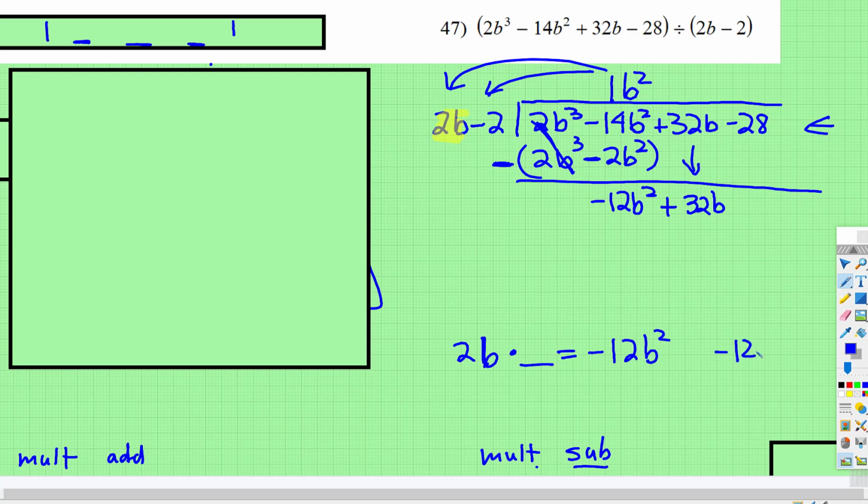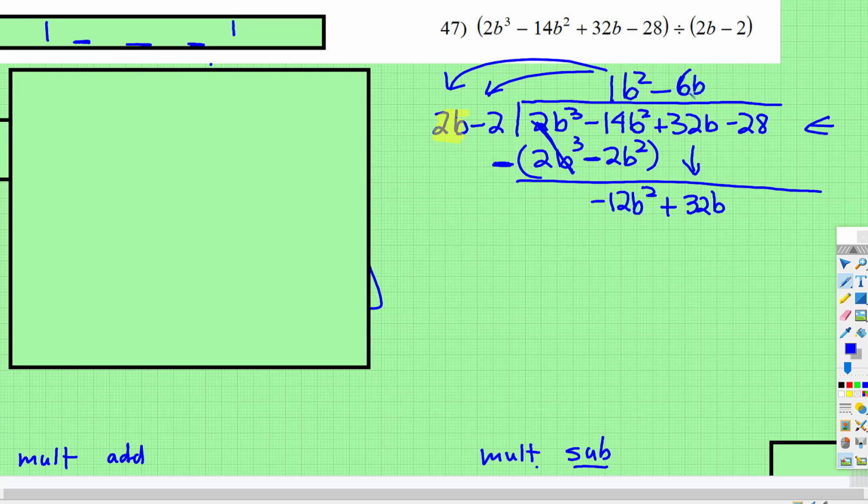Or you could do -12b squared divide 2b. So there, it's really easy to see -6, or 2 times -6 equals -12, and b to the first times b to the first equals b to the second. So I'm going to put subtract 6b, erase all this, and now we're going to do repeated multiplication.